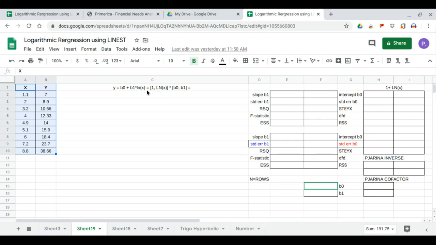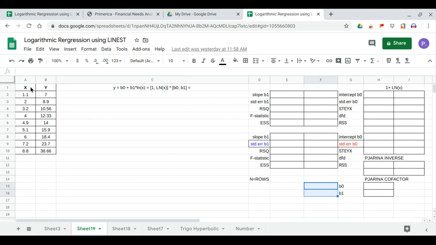In the matrix form, we factor out b0 and b1 as a separate matrix. It becomes 1 comma ln x times the matrix b0 and b1, and we will calculate those values. The 1 and ln x will be the transformation of this dataset.